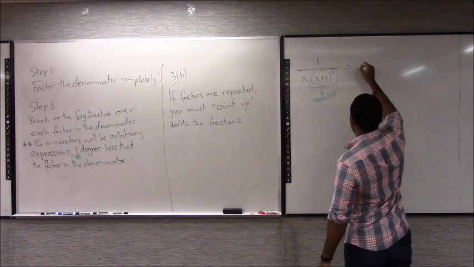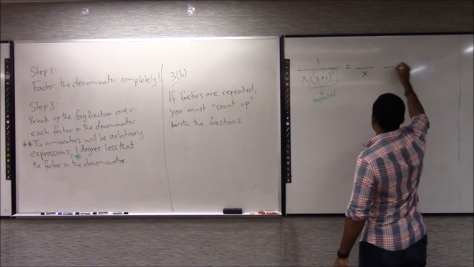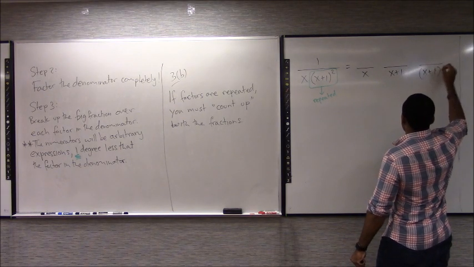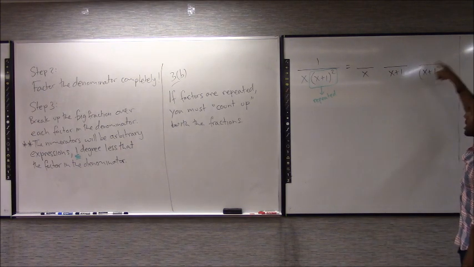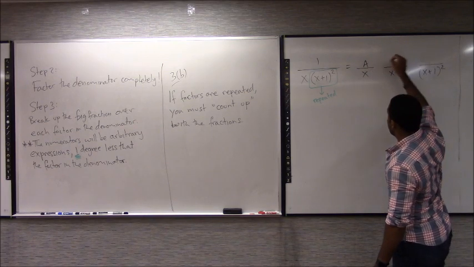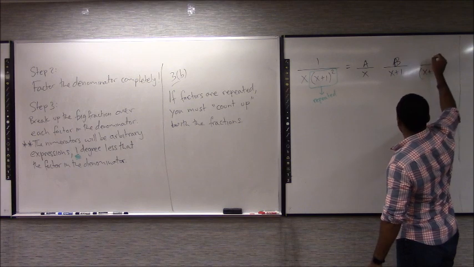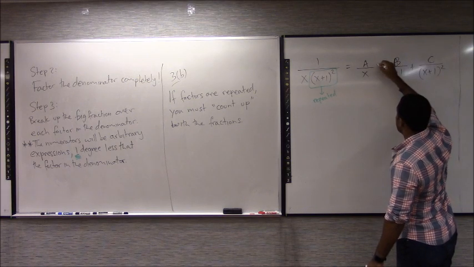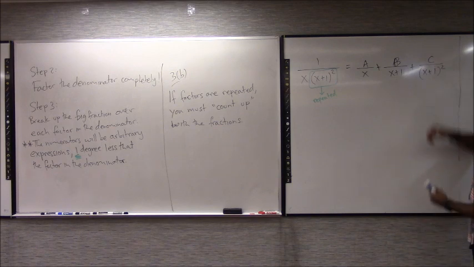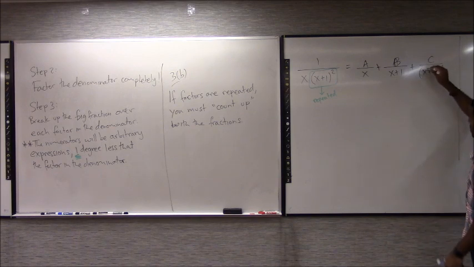So I would split this into x, x plus 1 and x plus 1 squared. So I start at the first power and count up till I get to the second power, because there are two. Here I would put A, B, and C, because the numerator obeys the rule for the factor.